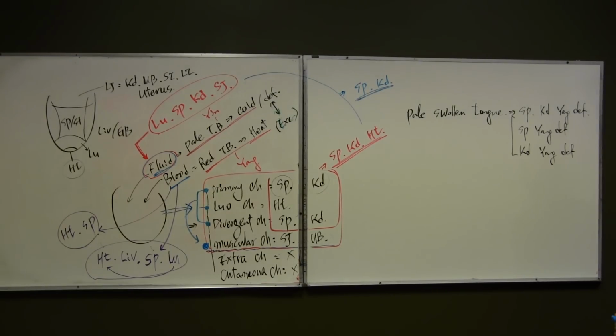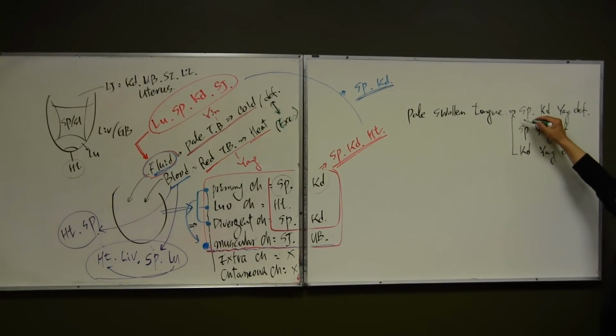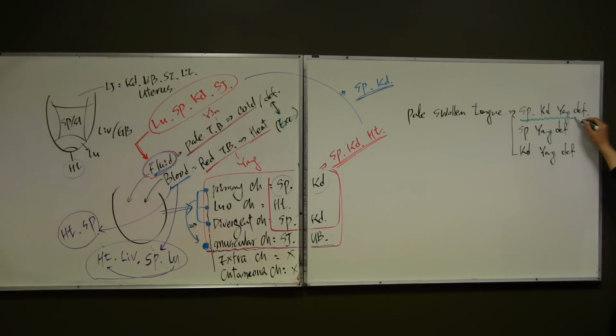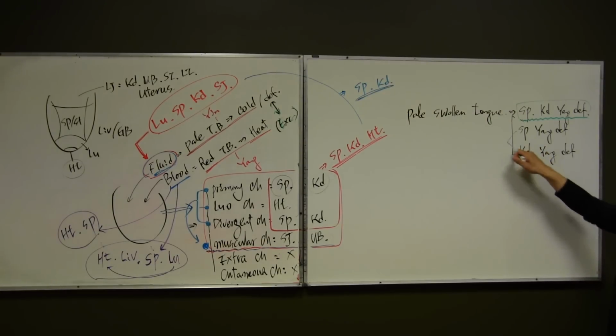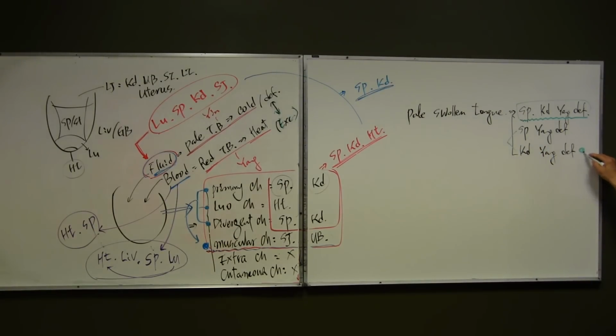Among these 3, which one is the main cause of the swelling of the tongue body with pale tongue color? Mostly spleen and kidney yang deficiency. And between spleen and kidney yang deficiency, kidney yang is more involved in water circulation in the body. So that's why kidney yang deficiency also causes what? Swelling of the tongue body.